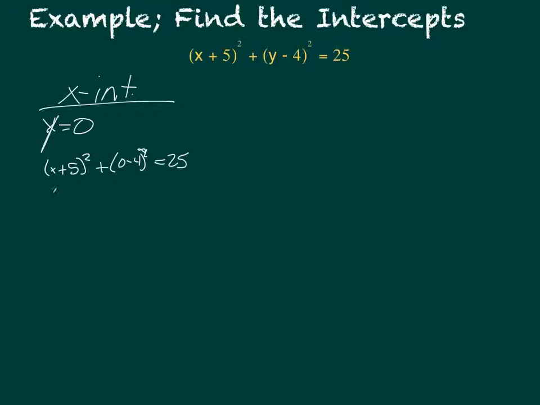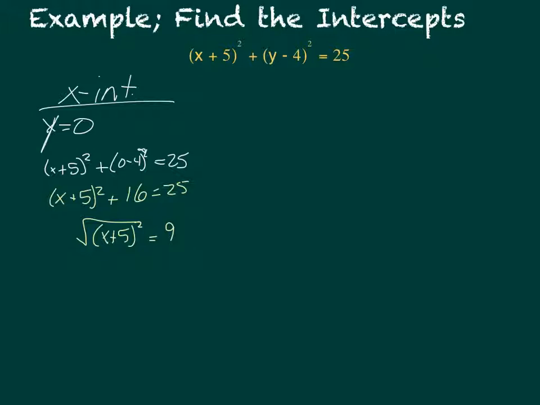I'm going to leave it like that because I think it'll be easier to solve. And then negative 4 squared is actually going to be 16 equals 25. Subtract the 16 over, and I would have (x plus 5) squared equals 25 minus 16, which is 9.